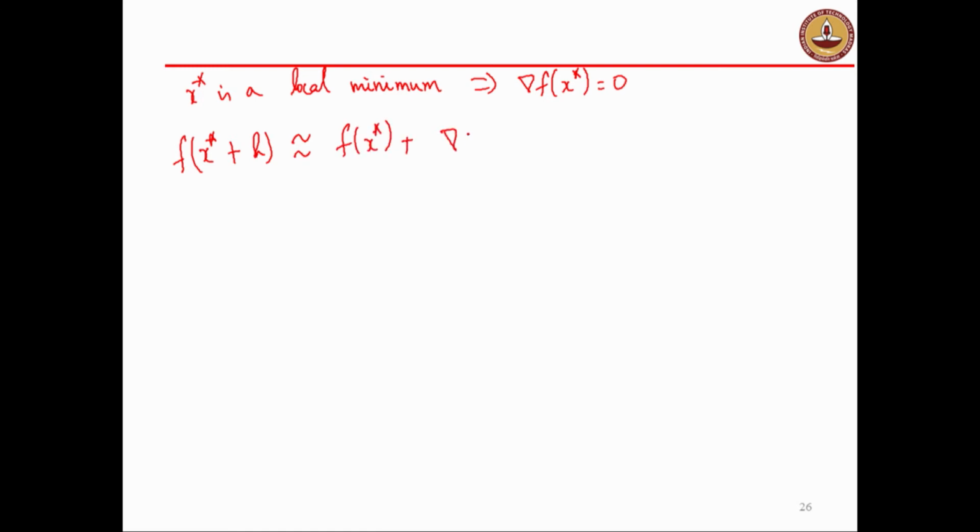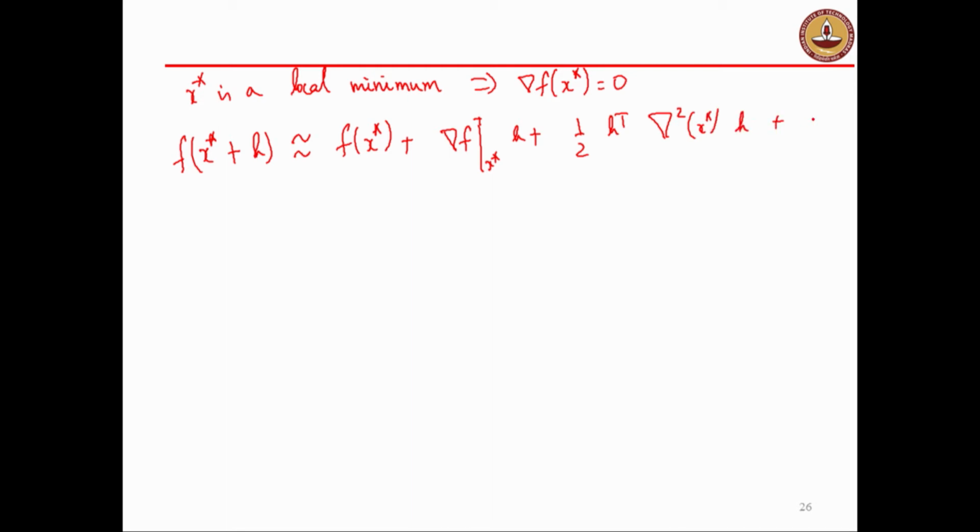So let's say x star is a local minimum. So what do we know? This is a necessary condition, which means the gradient of f evaluated at x star is equal to 0. So now I will do a Taylor series expansion around x star. So f of x star plus h is approximately equal to f of x star plus gradient of f evaluated at x star times h, plus half h transpose times the Hessian evaluated at x star times h, plus higher order terms.